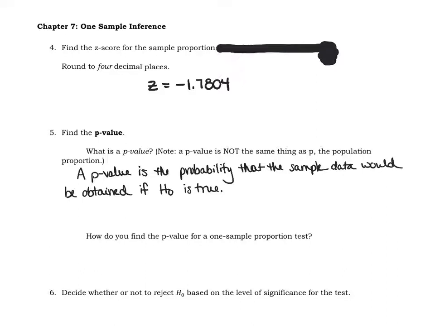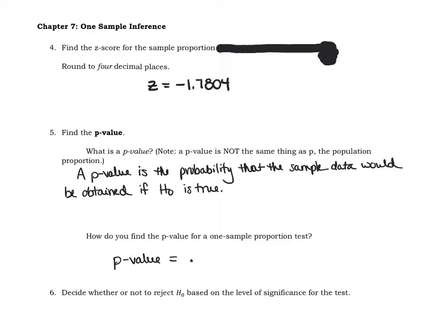Okay, well, how do you find the p-value for a one sample proportion test? Again, we've already got that. You run that test on your calculator. And so the p-value, and when you're looking at, oh, my calculator just cleared out. Gosh darn it. Okay, when you run your results, it's not the p hat. Okay, notice there is a little p hat. So right below the z is a p-value.